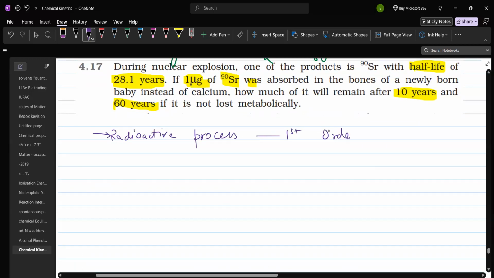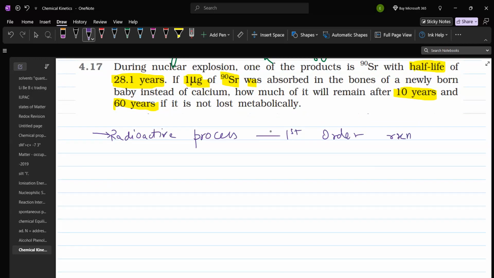The question has not given that it is a first order reaction, so you have to understand with the nuclear word that this reaction is one of radioactivity. That is why this is a first order reaction.